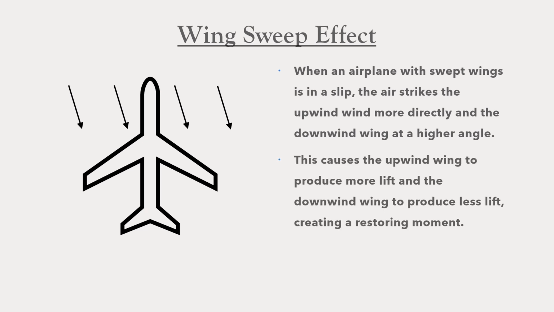That causes the upwind wing to produce more lift, the downwind wing to produce less lift, which will tend to roll the aircraft back in the correct direction. Notice that a large amount of wing sweep is not a common feature on general aviation airplanes.